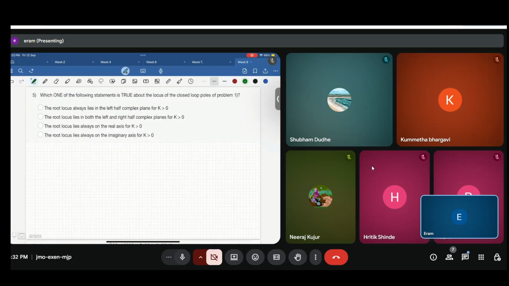Which one of the following statements is true about the locus of the closed loop poles of this problem? Let me write the open loop transfer function. It was k divided by s square plus 5s, I think.